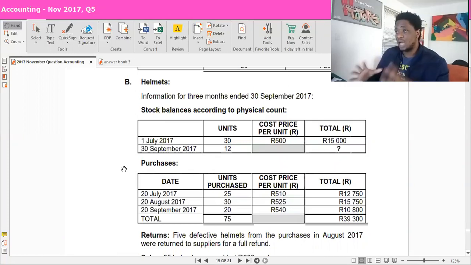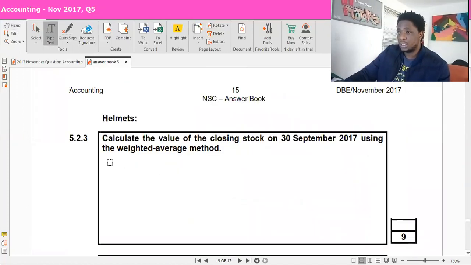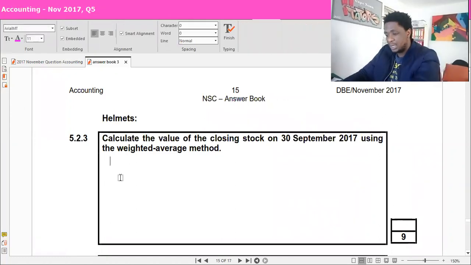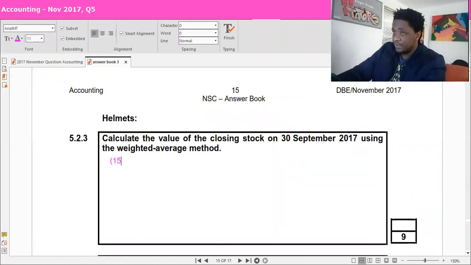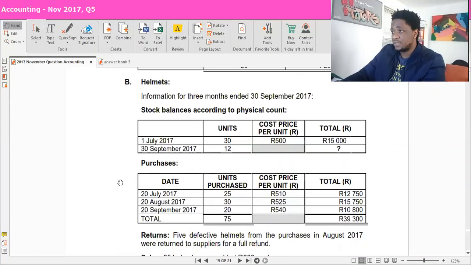So we want the average of the cost. The first thing that you're going to start with, obviously, we have stock at the beginning of the year for a cost of 500, and the value of that stock is 15,000. So what you're going to say is, let's open a bracket. You're going to say 15,000. And then we're going to add the purchases for the period.